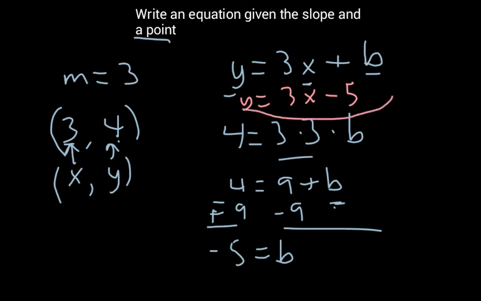So this is the equation that would represent something that has a slope of 3. It's obvious right there. It's 3x. And given the point, we can substitute values in for x and y and figure out what the numerical value for b is, and then come back up to slope-intercept form up here and put in -5 for b, or plus -5, or just make it -5. Same thing.